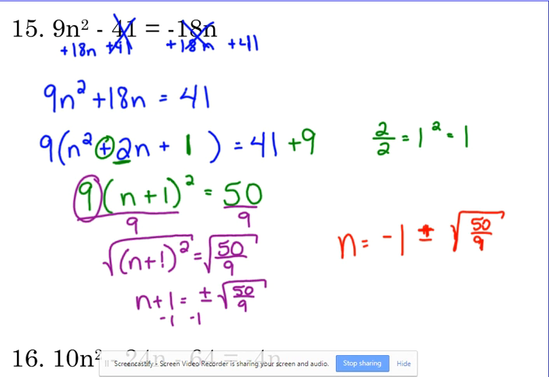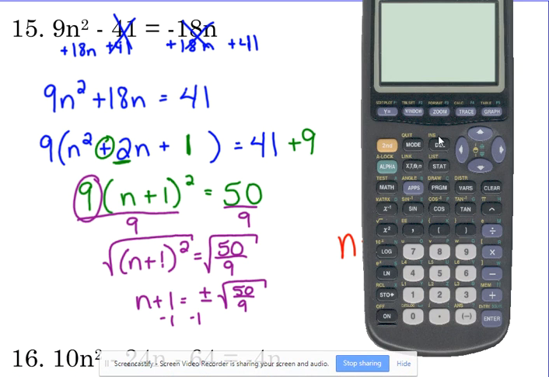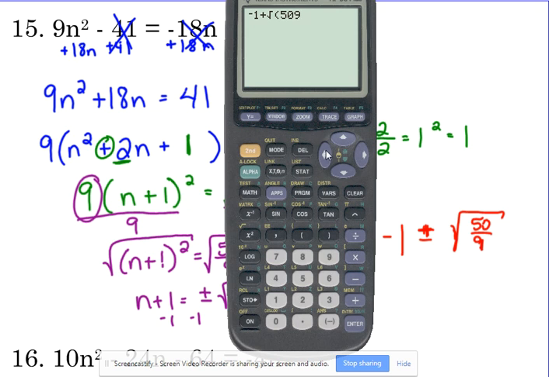Now, I can go ahead and tell you that's not how it's going to look on the answer key. So all you need to do is check it in your calculator. Negative 1 plus the square root of 50 over 9. Store it as x. 9x squared minus 41, is that equal to negative 18x?